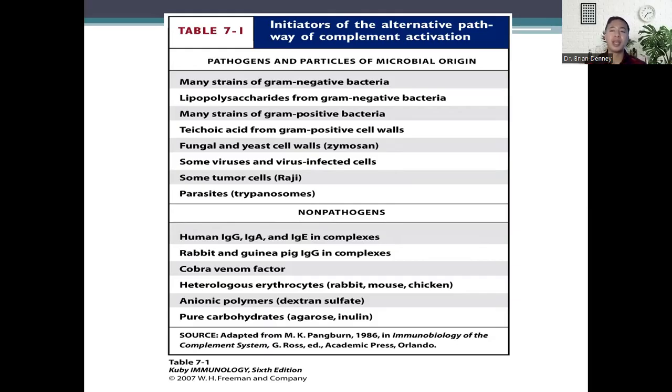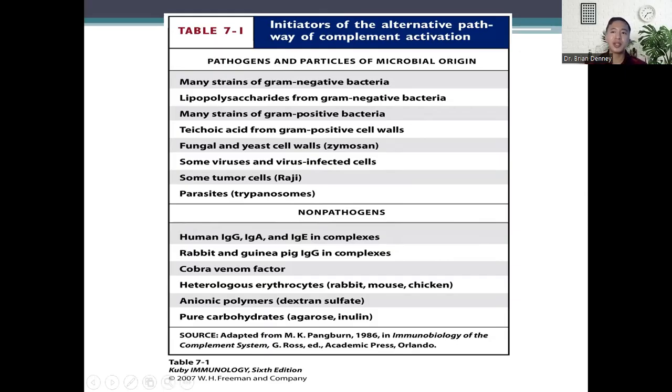Unlike your classical pathway, where what's written there are the names of the bacteria which cause direct activation of the classical pathway, here we have lipopolysaccharides, the components of the surface of the bacteria.